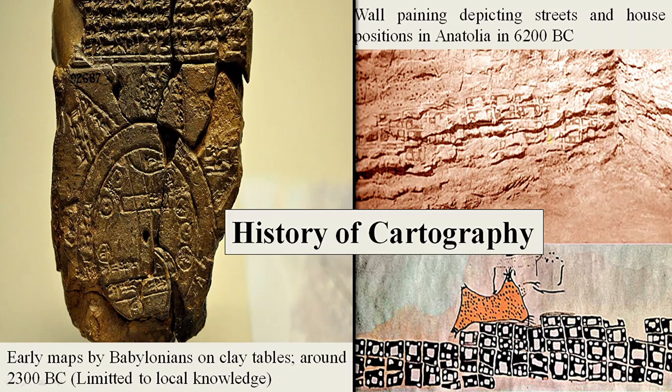It is also found that Babylonians used to have maps, local maps that were limited to local knowledge only, and some depictions are also there. So historians have found Babylonian clay tablets where you will find maps, showing the existence of maps in the earlier ages.